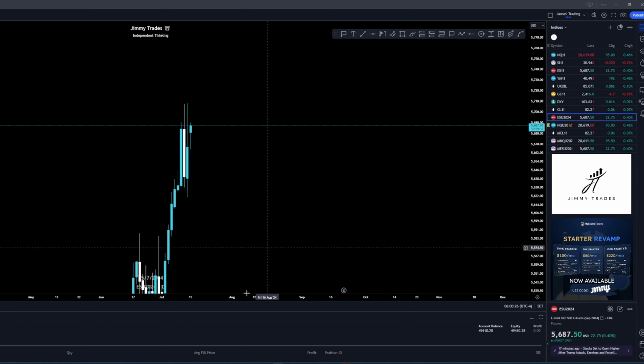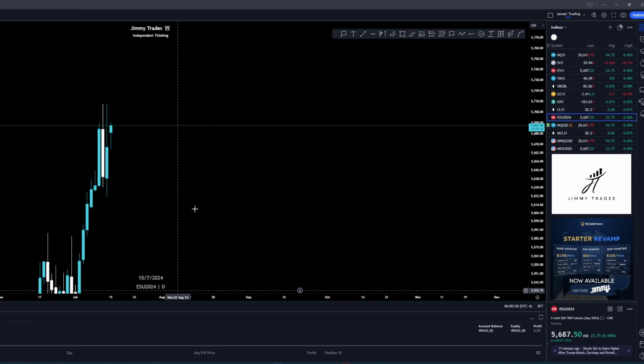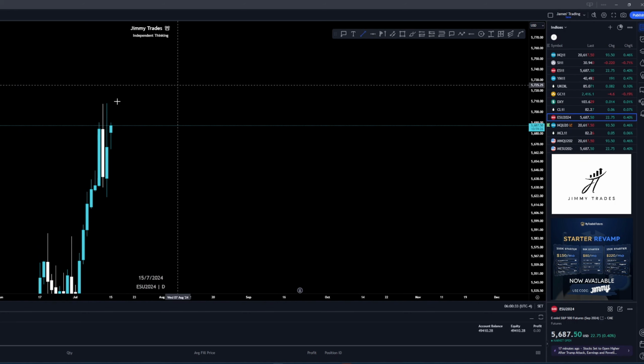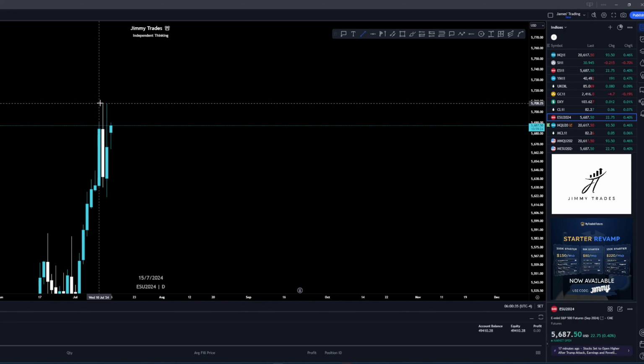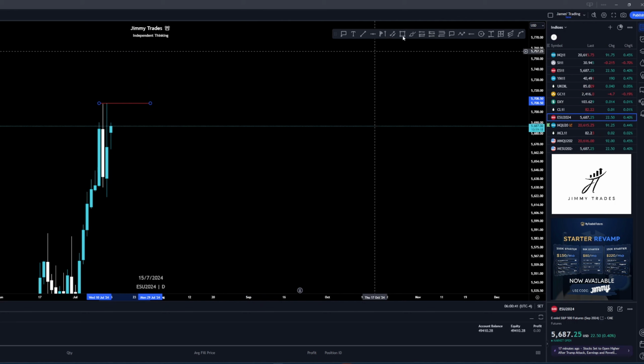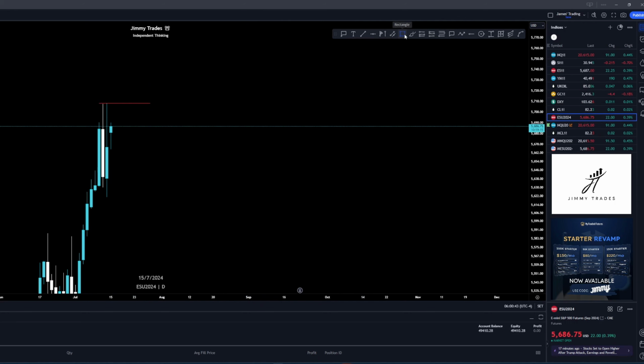ES is a lot closer to the all-time highs than NQ as well. It's very achievable here. We've got equal highs. We don't have any internal liquidity there.